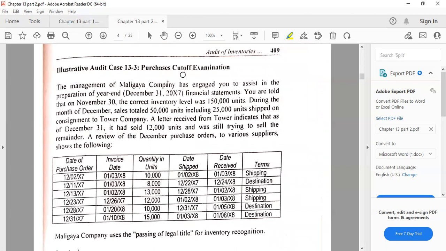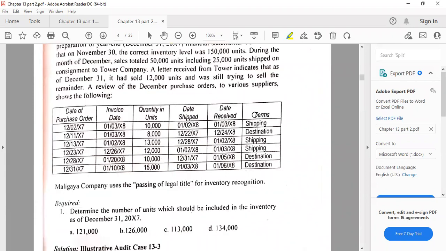Okay, so this one you can study on your own, but basically, cut off gihapon na siyang examination. All you need to do is to know the shipping terms. So kani shipping point, kani destination, and then after knowing the shipping terms, you need to look at, if shipping point, date shipped. Shipping man siya. For the destination, you need to look at date received.